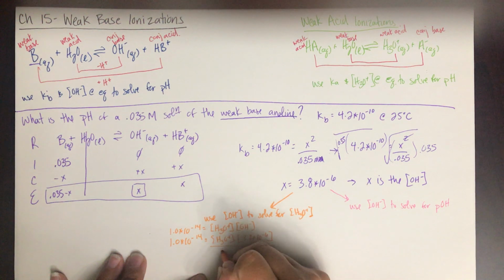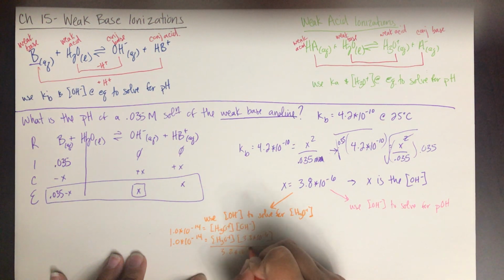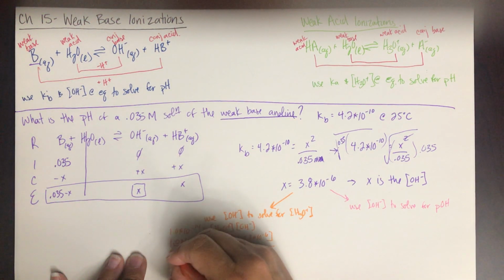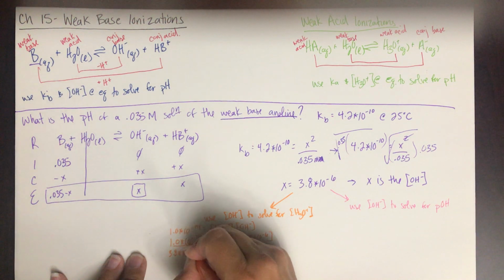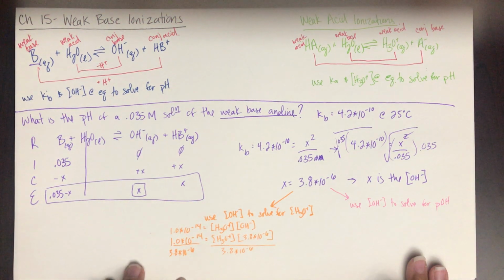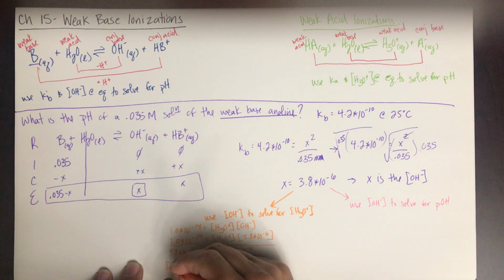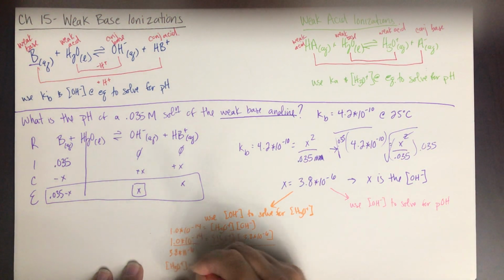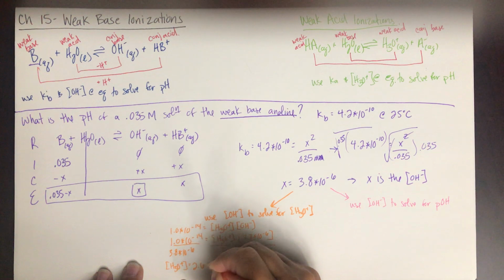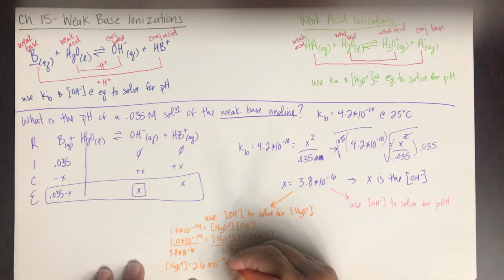If I divide both sides by 3.8 times 10 to the negative 6th, you should get 2.6 times 10 to the negative 9th. So hydronium ion concentration equals 2.6 times 10 to the negative 9th molar.